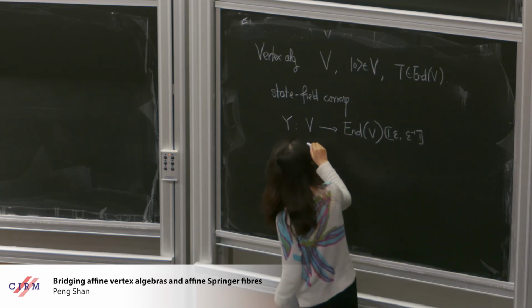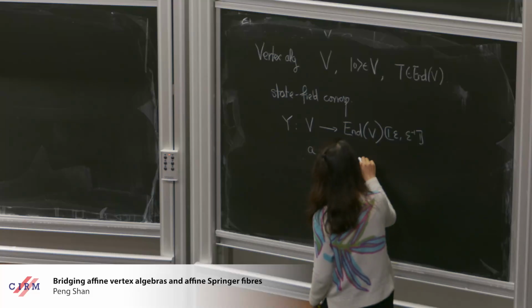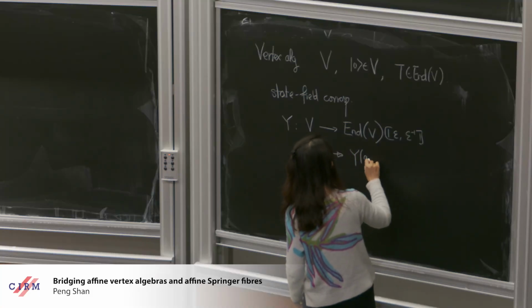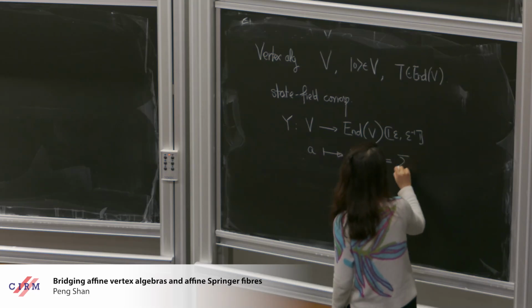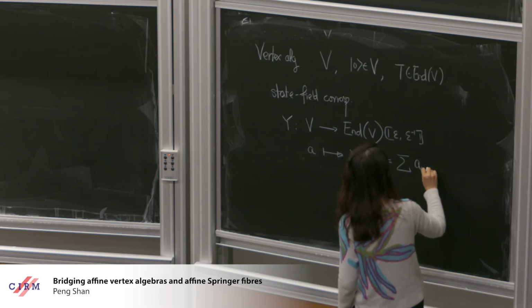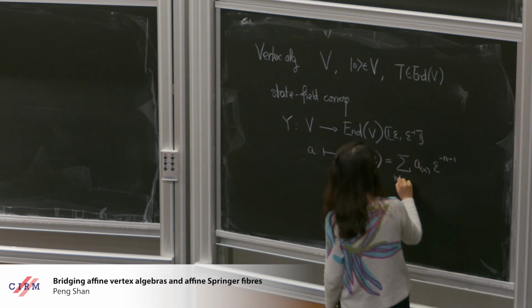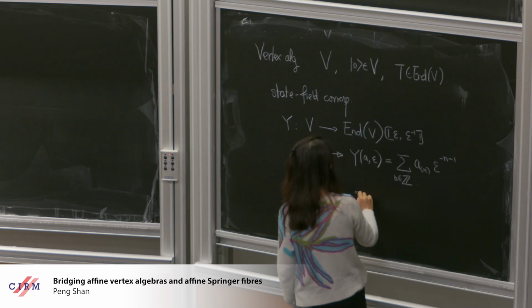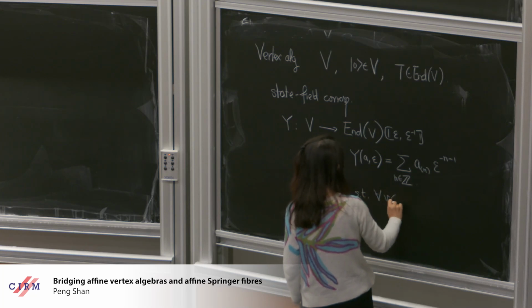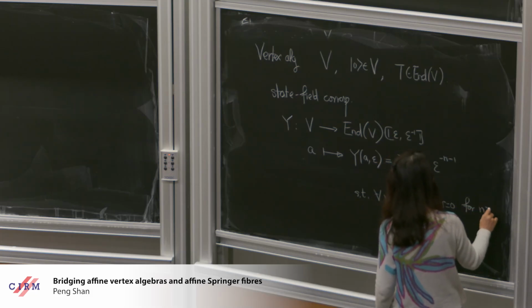The idea is that for each vector in V, you attach a series of linear operators on V, the sum of A_n epsilon to the power of minus n minus 1, such that for each vector in V, A_n of V is 0 when n is large enough.